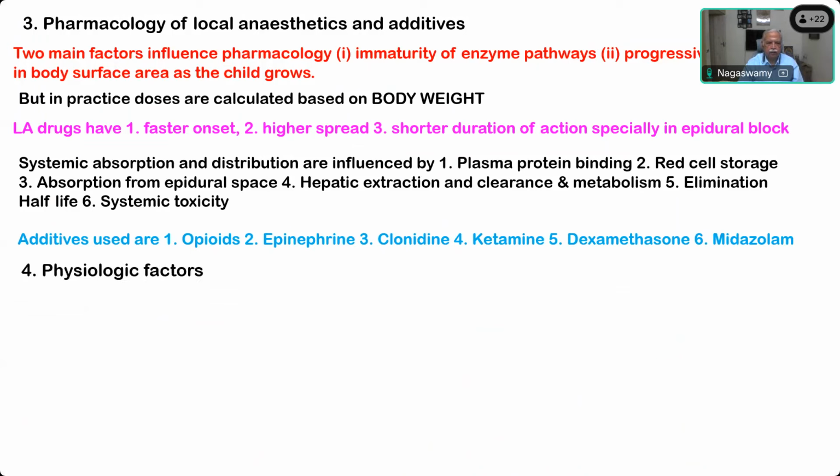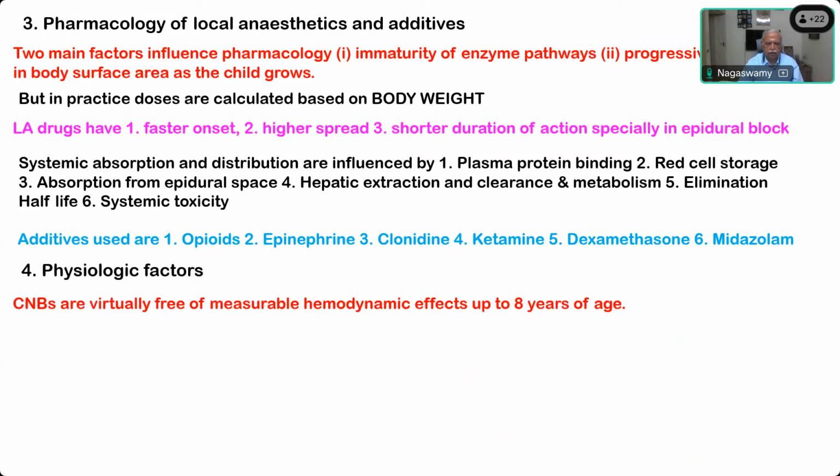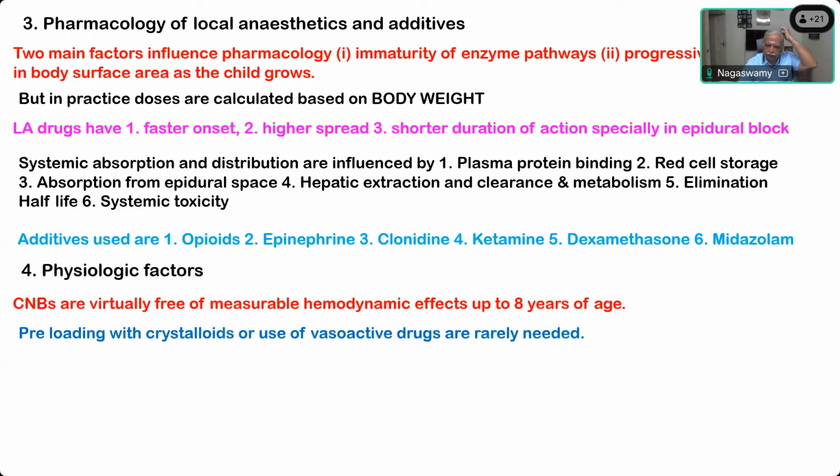And physiological factors: central neuraxial blockade is virtually free from measurable hemodynamic effects. That is, they don't get a sudden hypotension or a bradycardia up to 8 years of age. So subarachnoid blocks are quite safe in these patients. And there is no need for preloading with crystalloids as we do for adults, and vasoactive drugs are very rarely needed in these patients.